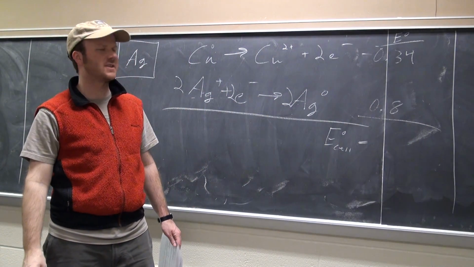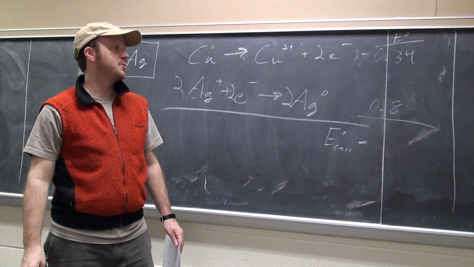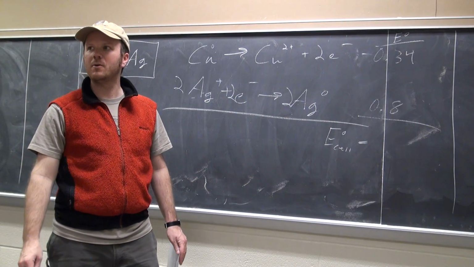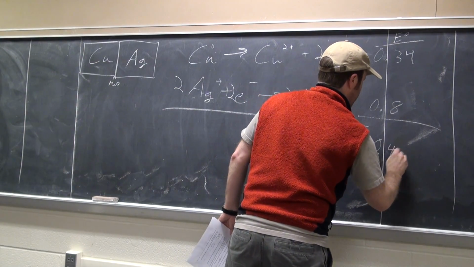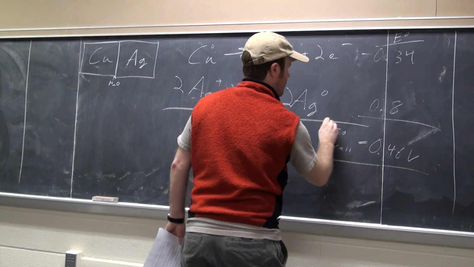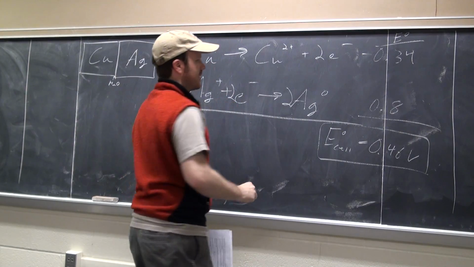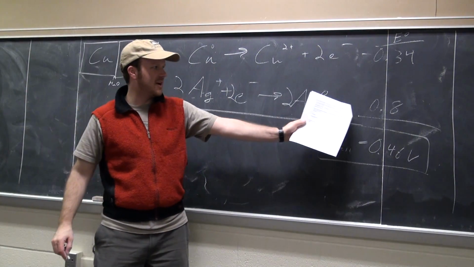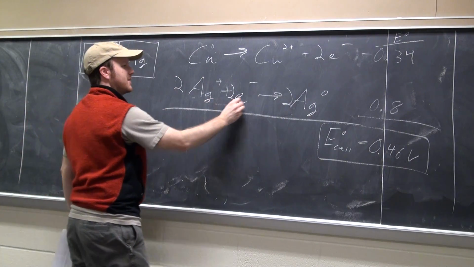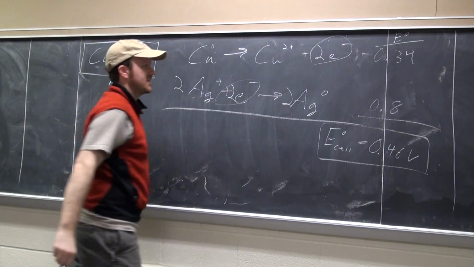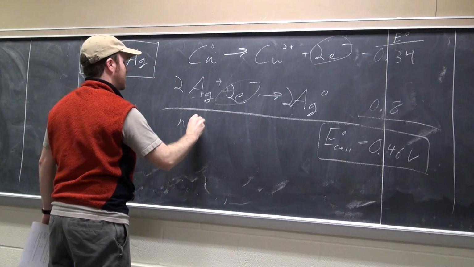So what's E0 cell? 0.46. Great. So remember, no multiplying. Make sure you get the signs right, and you just add things up. Make sure that your electrons balance, all that stuff. So in this case, n would equal 2.